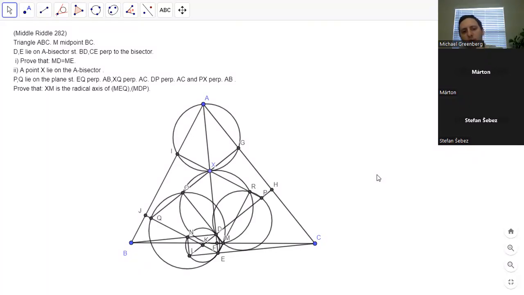Yeah, we can show all the angles in those trapezoids are equal. We just have to show that the lengths are in the right ratio. That's the hard part.